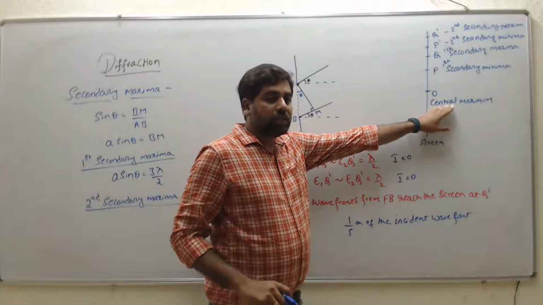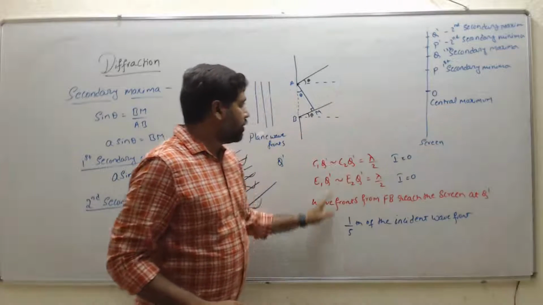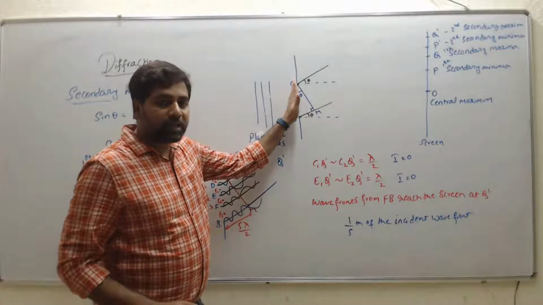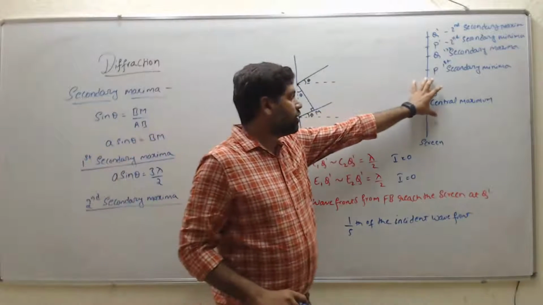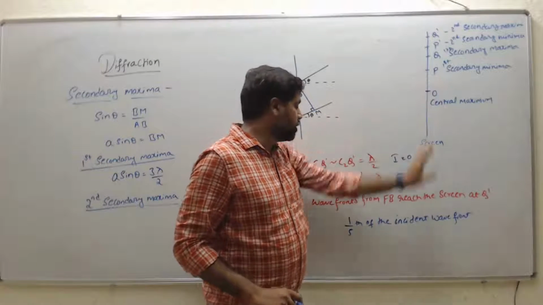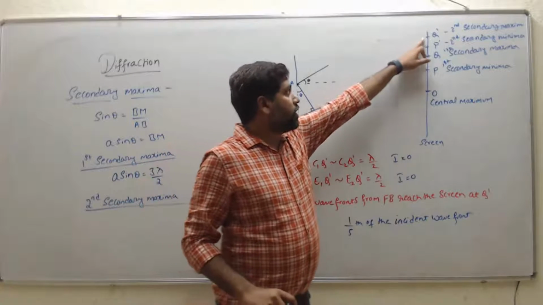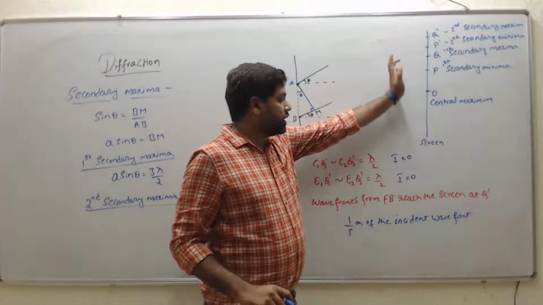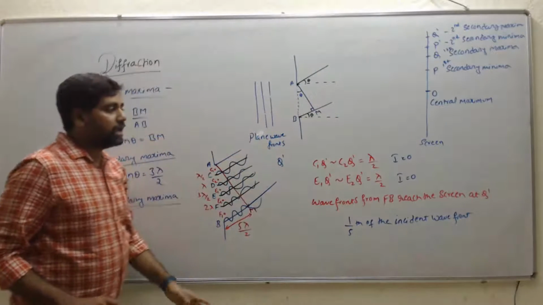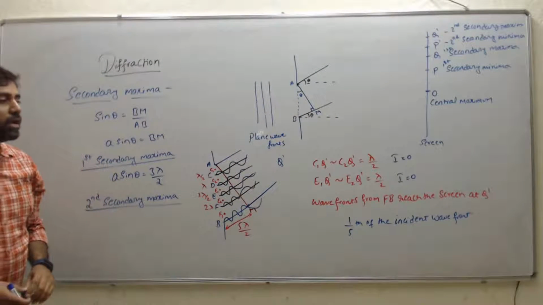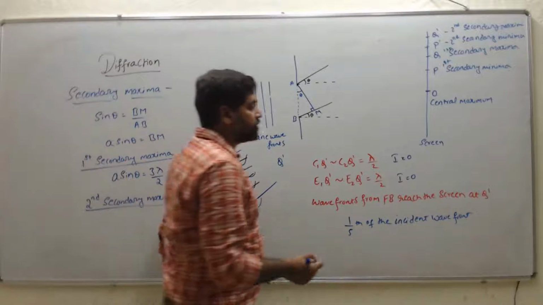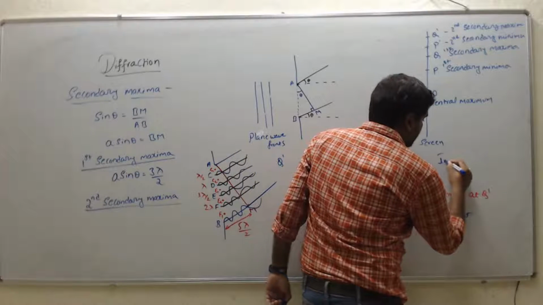If we are 100% at the central maxima, then the wavefronts which reach Q dash, that is at the secondary maxima, give only 20%. Hence from this we can conclude that the intensity decreases as the order increases.